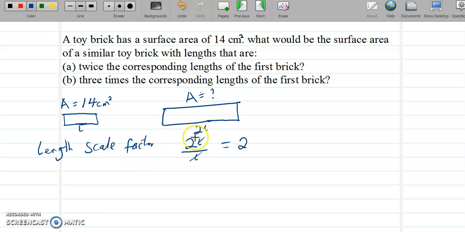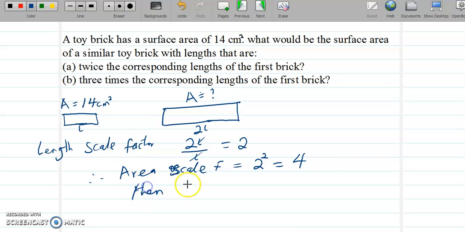So we can now say that since the length scale factor gives us 2, the area scale factor will give us what? 2 squared. We did this in our last lesson. So that gives us 4.